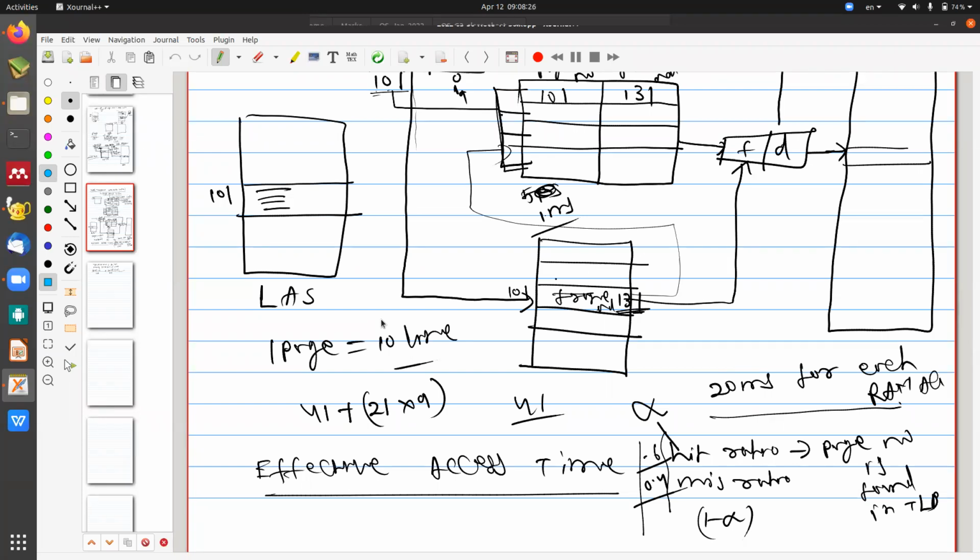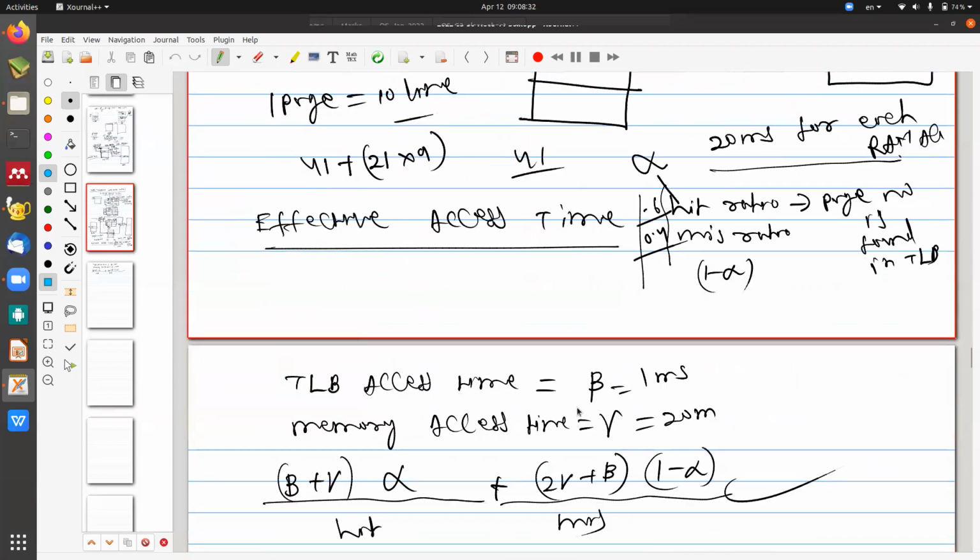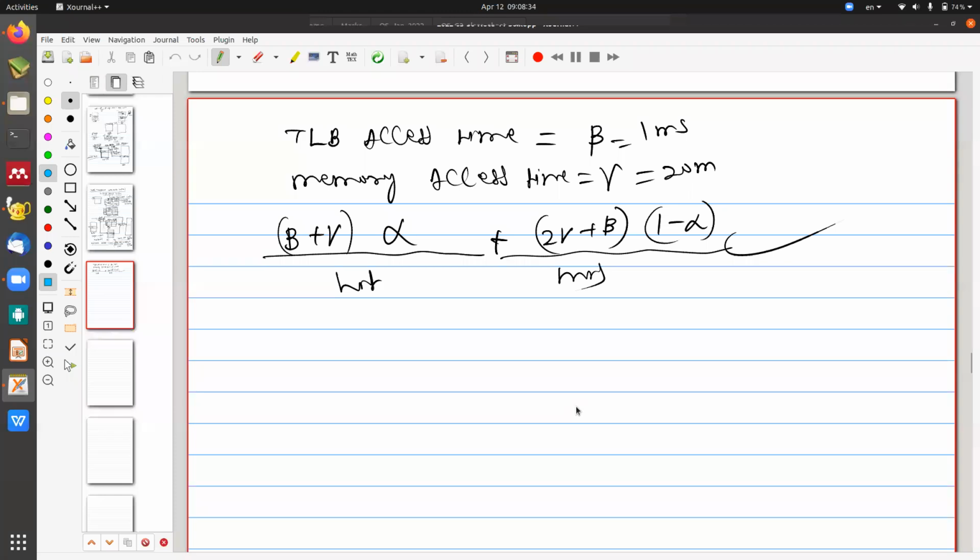Memory access time is 20 milliseconds and TLB access time is 3 milliseconds.